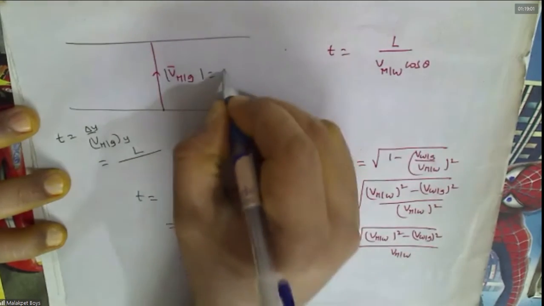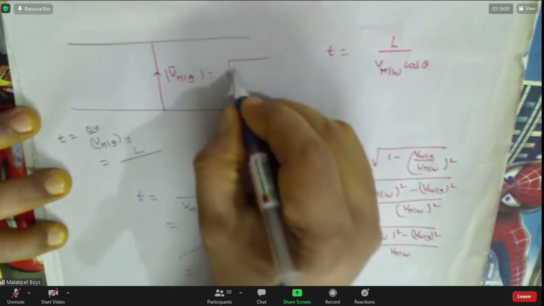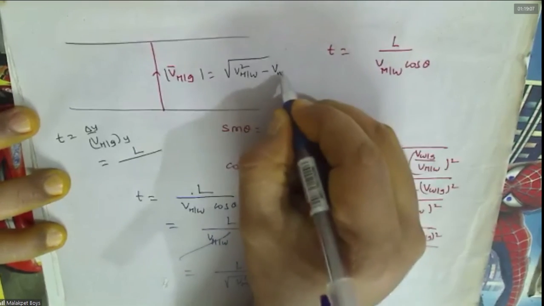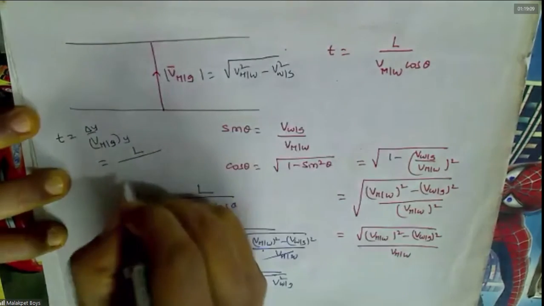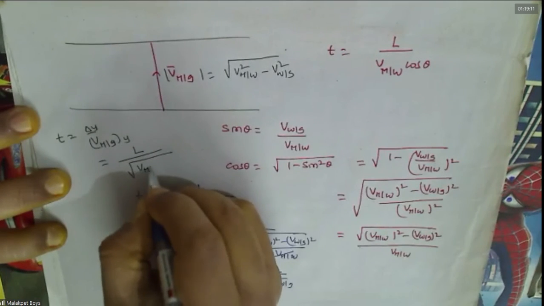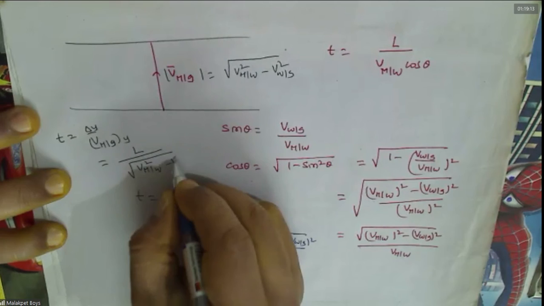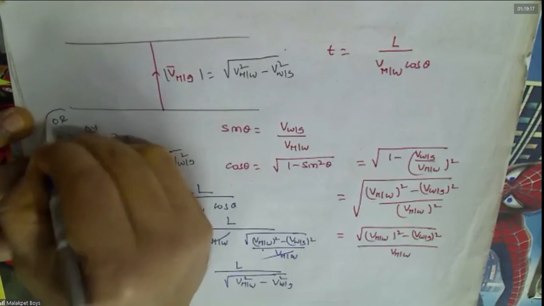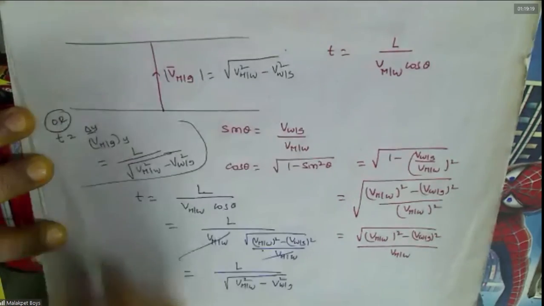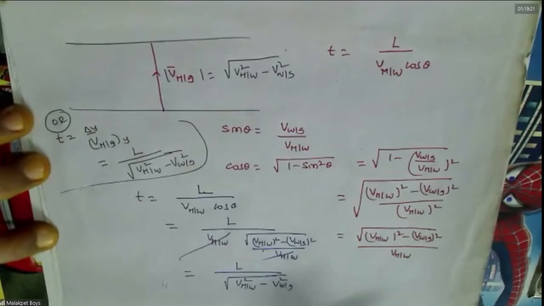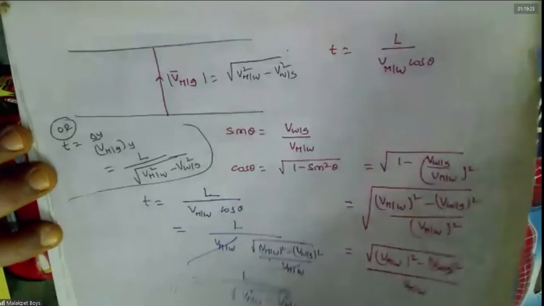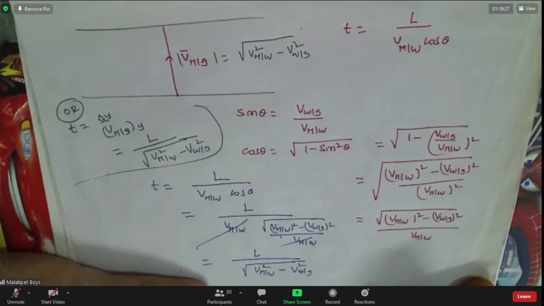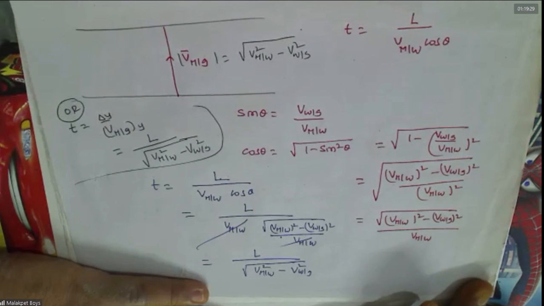Previously you got that. Same thing you got by this method also, no? You can use this also. Alternate method. Clear? Yes, sir. Clear.